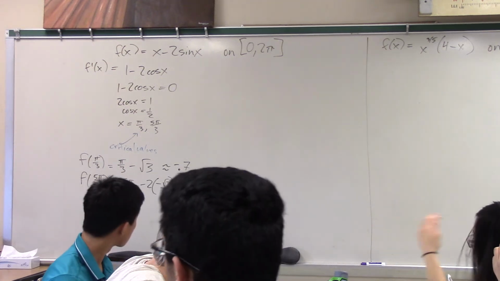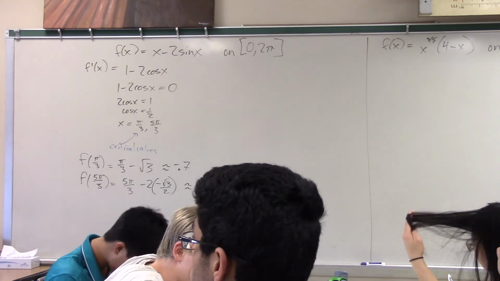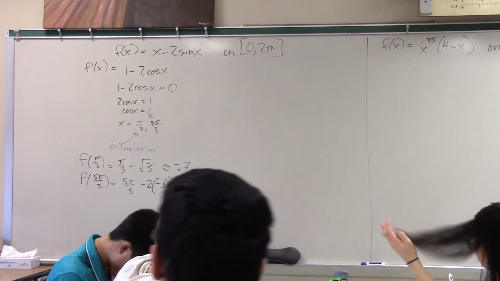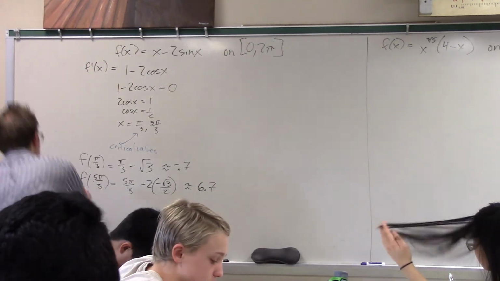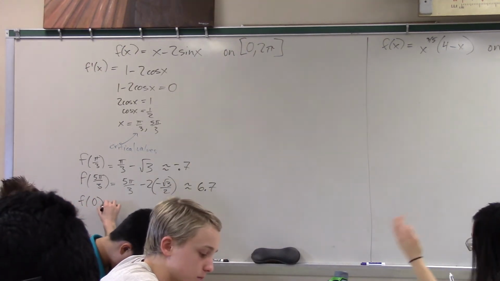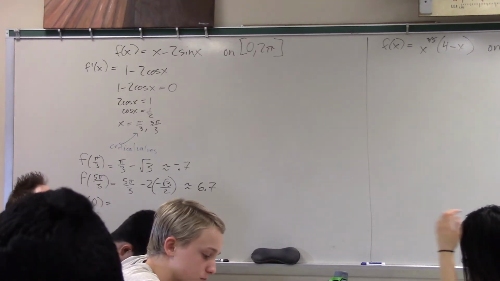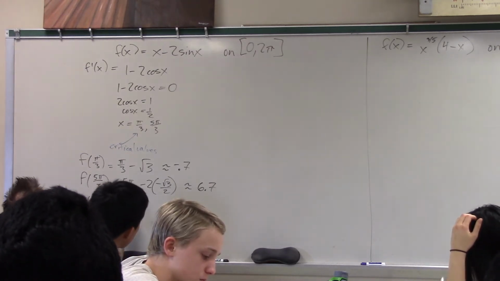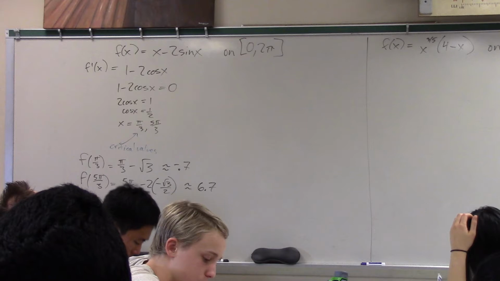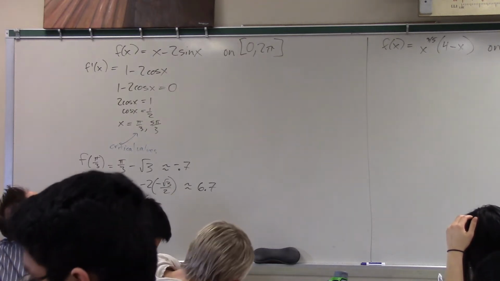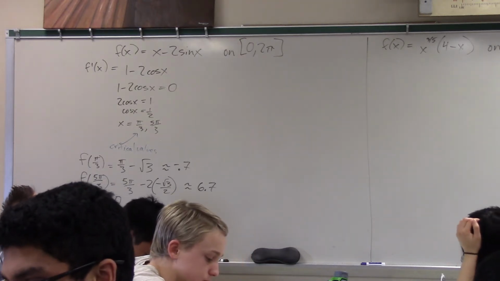What else must we do? Do not forget the endpoints. Yeah, we must check the endpoints. So what happens when you plug in 0? You get 0. What happens when you plug in 2 pi? You get 2 pi.